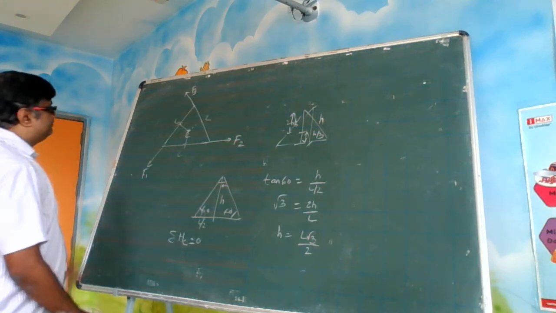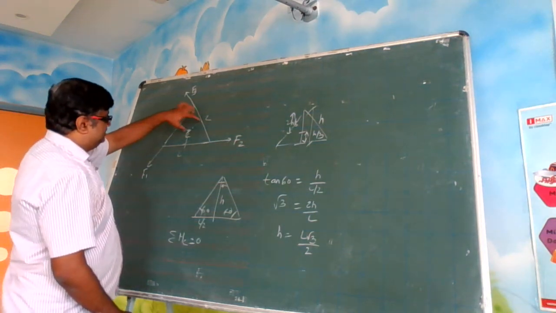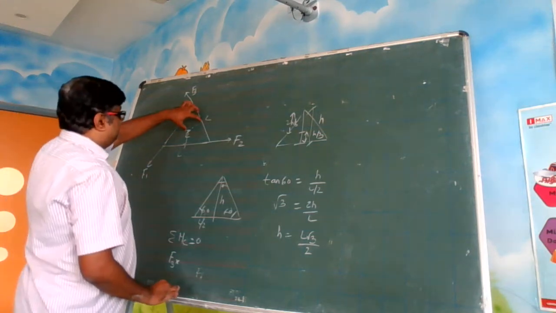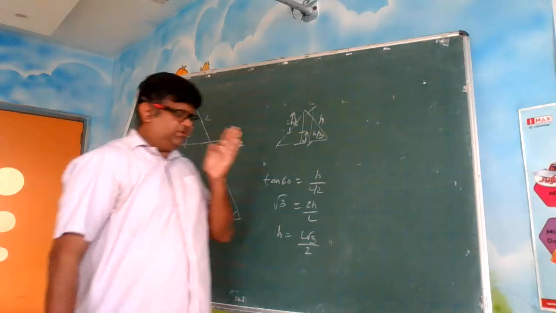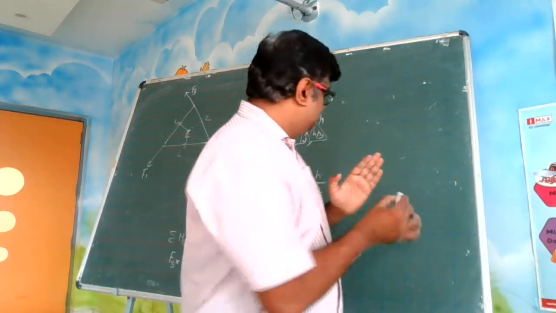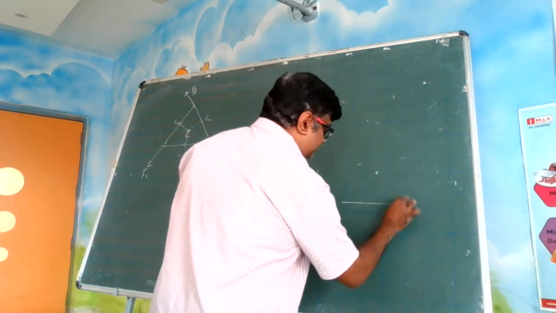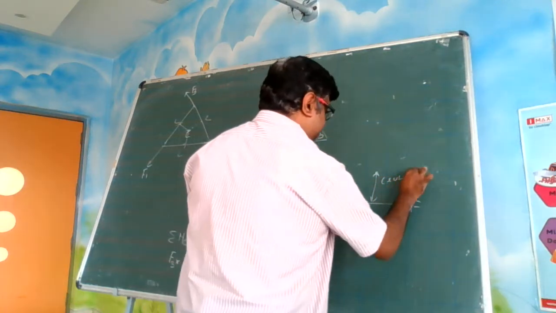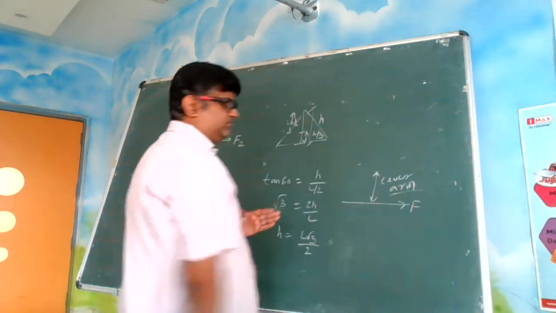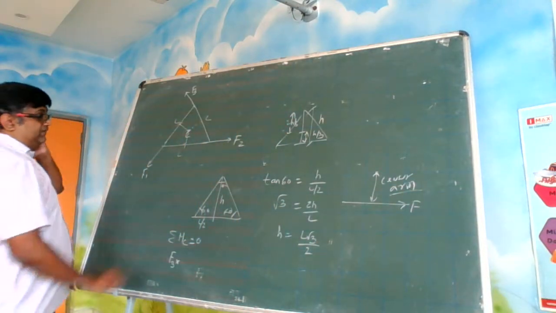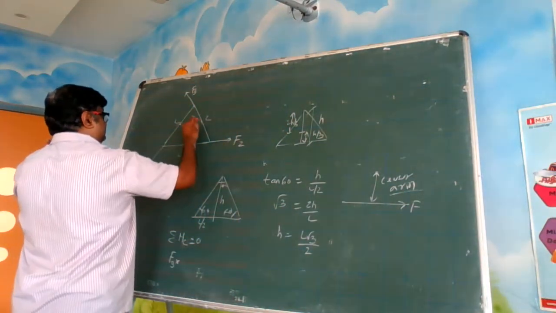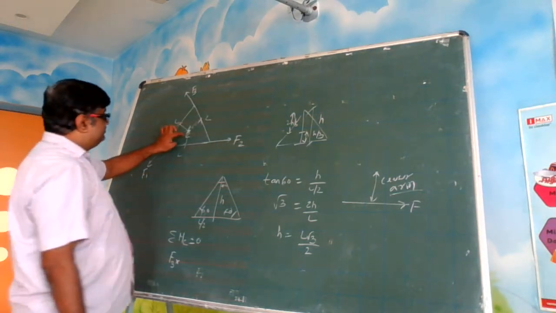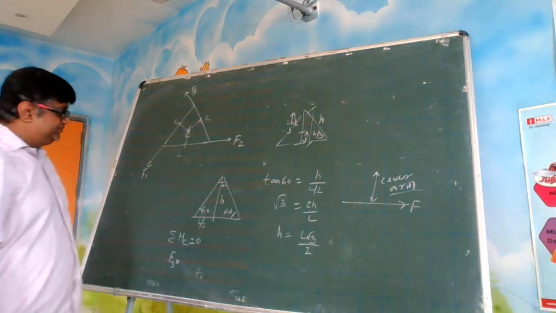So you can write now F3 into this distance, F3 into this lever arm. From the point of rotation to the force, this is the point of rotation and here is your force. This distance is called the lever arm. The lever arm for F3 is the perpendicular distance between the point C and the force. So how much is it?